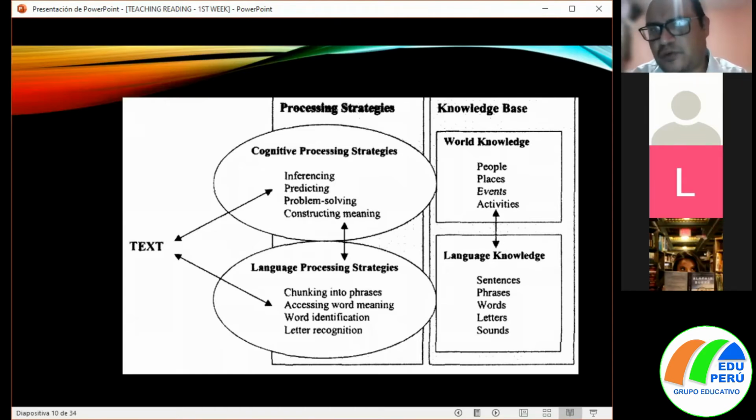We're going to chunk words, recognize the group of words that go together to make phrases, to recognize the meaning of words, identify the words, the spelling related to the letter recognition. And also we're going to use the knowledge that we have related to the world and related to the language. So we are going to connect all of this. Notice, we're going to connect all of this when we read something.